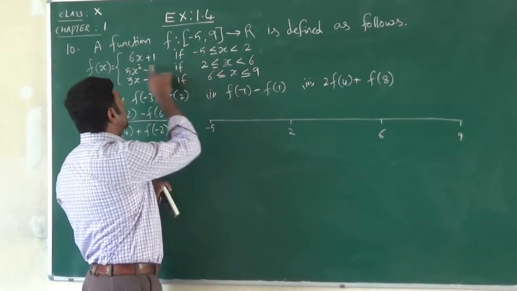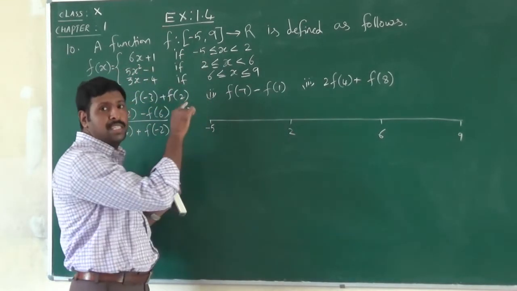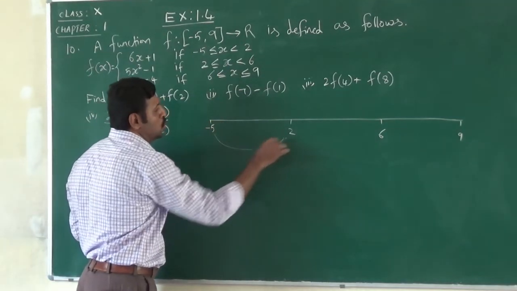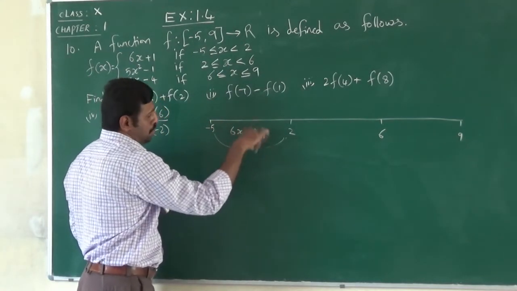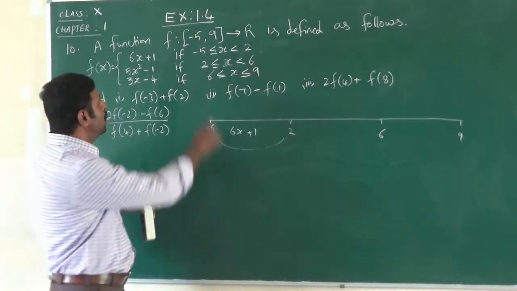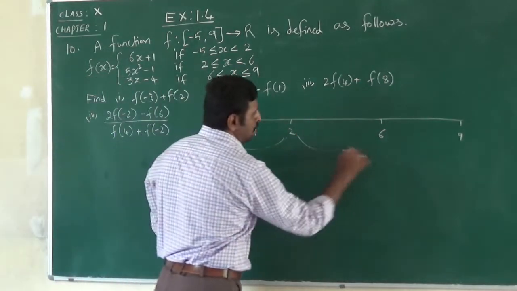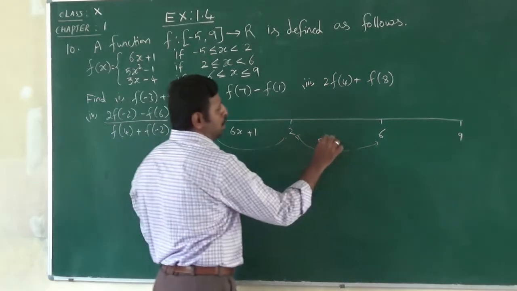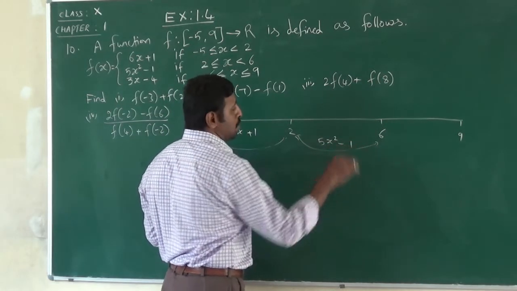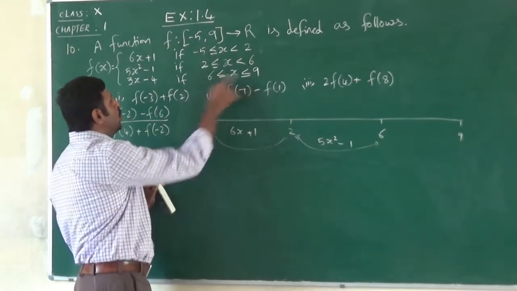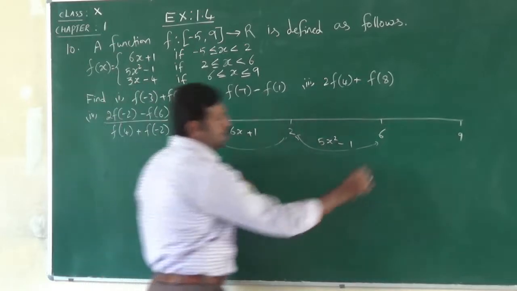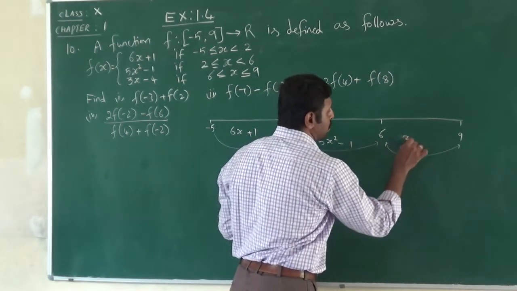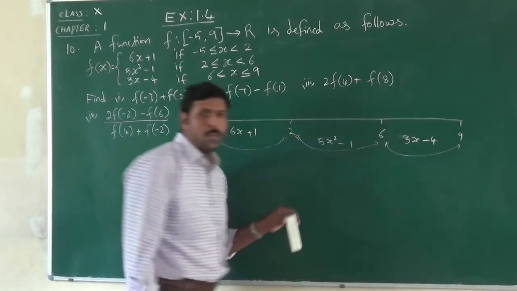So 6x plus 1, the function lies between minus 5 to 2. And then 2 to 6, the function is 5x squared minus 1. And then 6 to 9, the function is 3x minus 4.